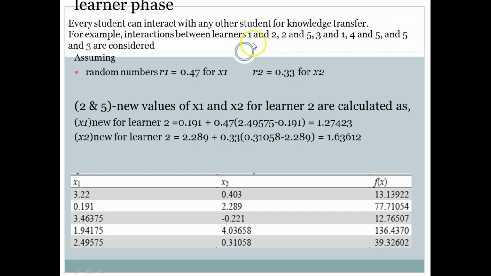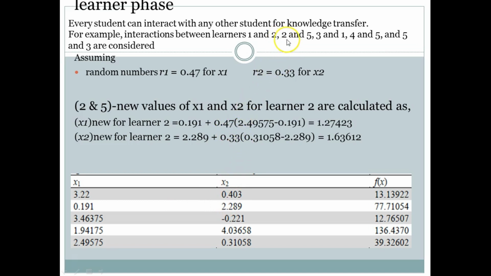One thing to keep in mind: when 1 and 2 are interacting, if you look at table 3, which is the result of the teacher phase, you can see the value of the first learner is less than the second learner. So learner 2 will get the knowledge from learner 1. So we are going to update the values of learner 2, meaning we update the values of subject 1 and subject 2 by using this formula.